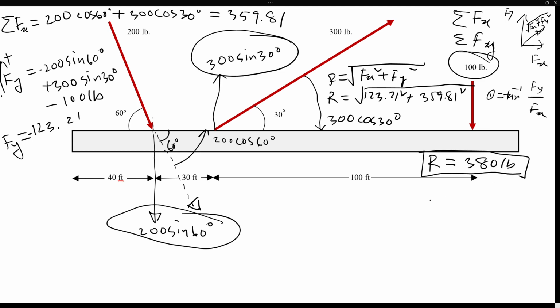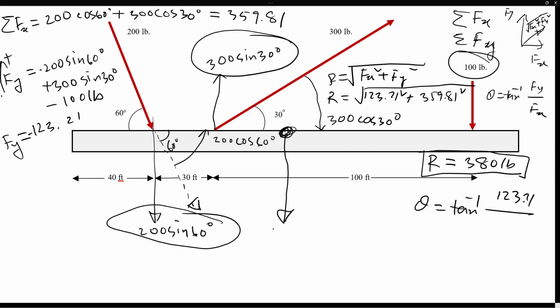And the theta would be tan inverse of 123.21. That's the downward direction y force. So let's assume the resultant is acting somewhere here. We don't know the exact location. We'll find that using the moment principle.